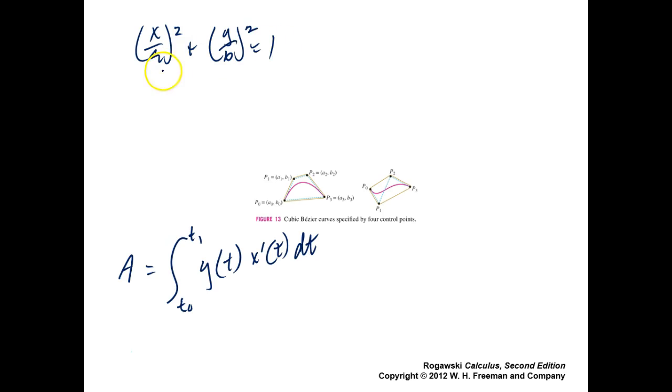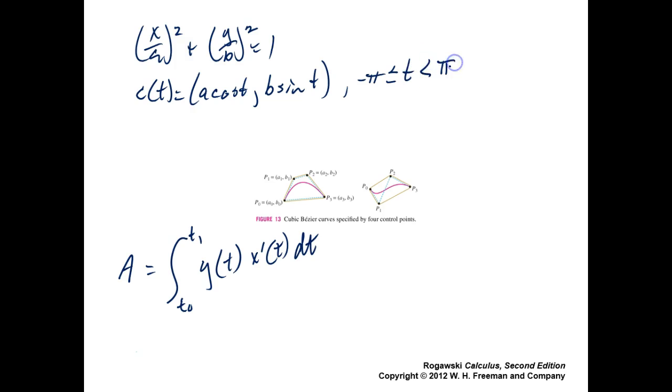And they tell you that's parameterized by c of t is equal to a cosine t, comma, b sine t. And by the way, this is good for minus pi less than or equal to t less than pi. Okay, they didn't put an equal sign on that place.